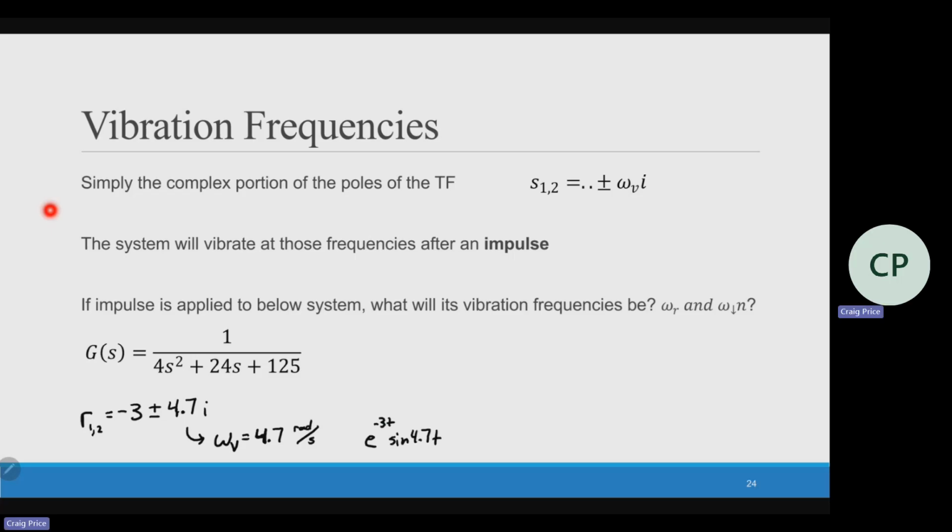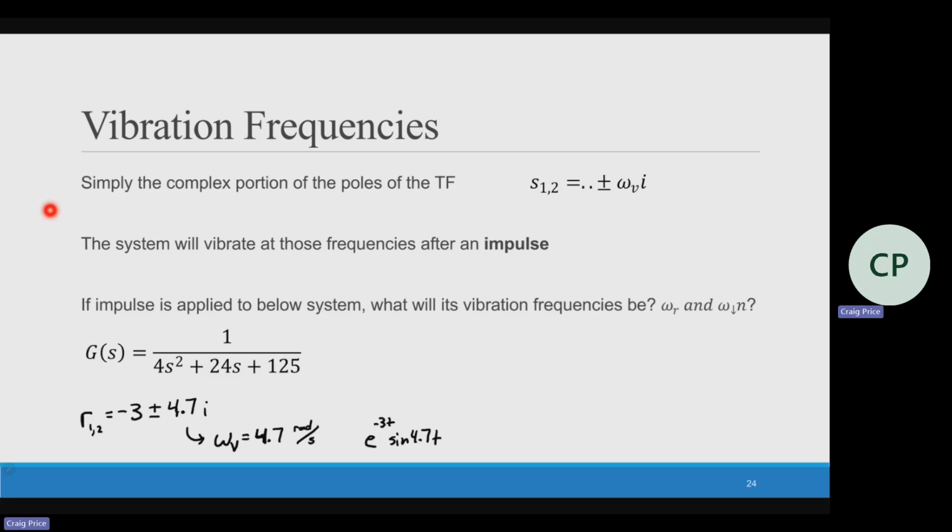That's basically what these roots tell us. That's going to be sine, cosine, something like that. But it dies out. So when I hit it with that impulse, it's going to oscillate at this vibration frequency. That's the oscillation. That's the frequency we've got. But it will die out. That's what the roots tell us. So once it's taken away, we're going to get back to 0 within a couple seconds.